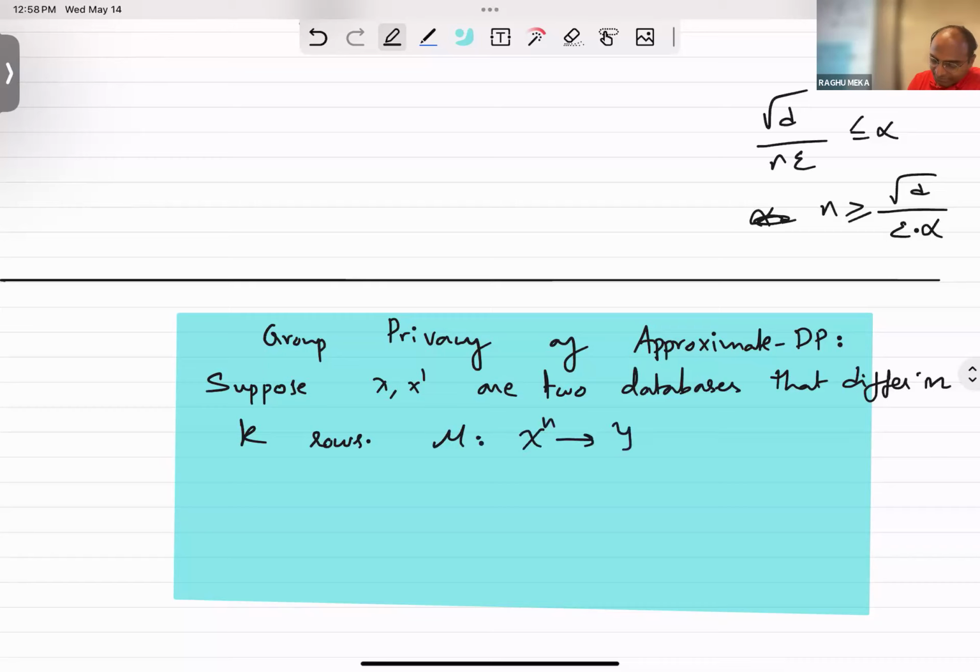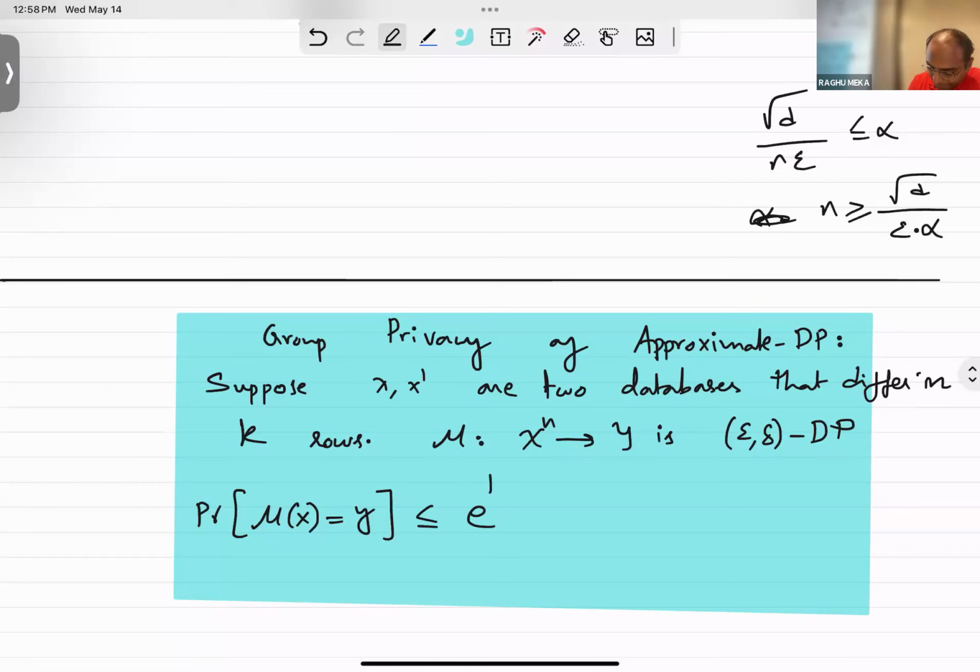You take any mechanism. In the case of pure privacy, we said if you're differing in k rows, your multiplicative factor increases by a factor of k in the exponent, which was a natural thing.